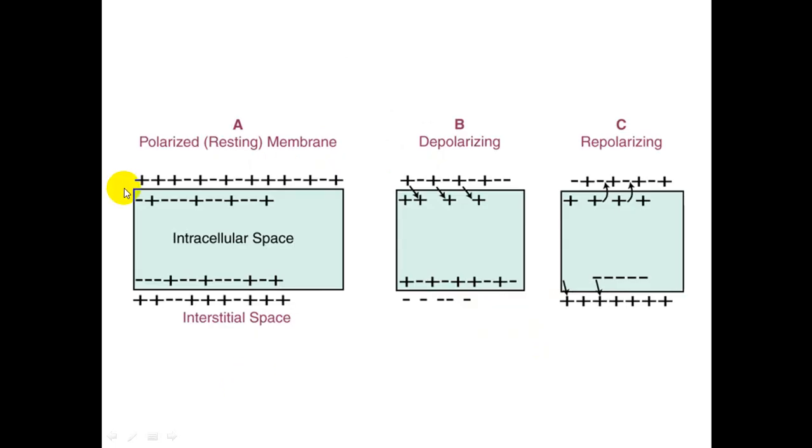Look at the resting phase: the positivity is outside due to the sodium ion, and negativity is dominant inside, with less positive ion intracellularly. During depolarization it is more positive, as more sodium comes inside through the fast sodium channel, while during repolarization it returns to the resting phase.